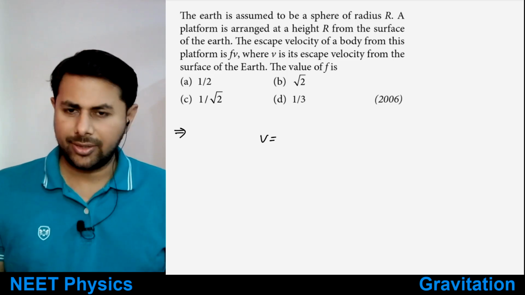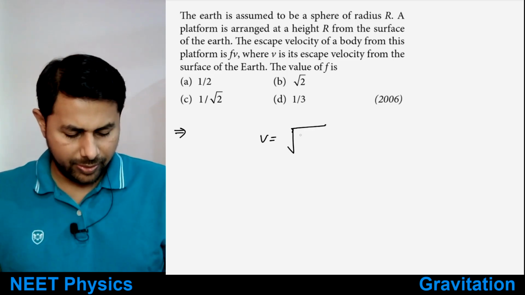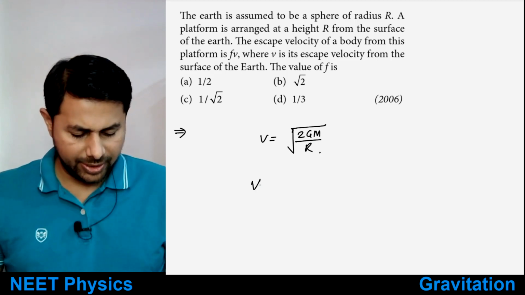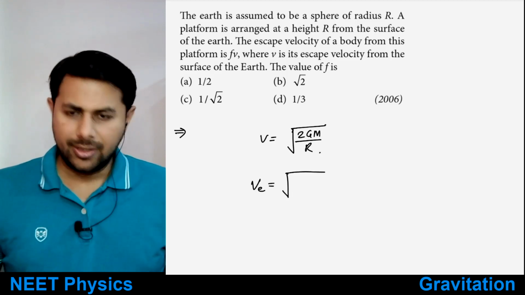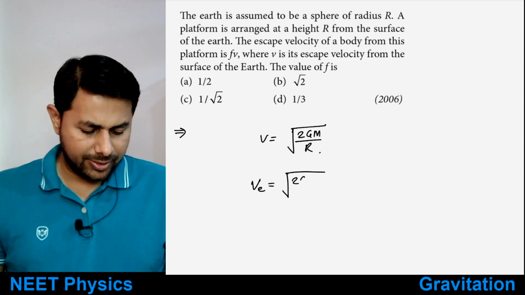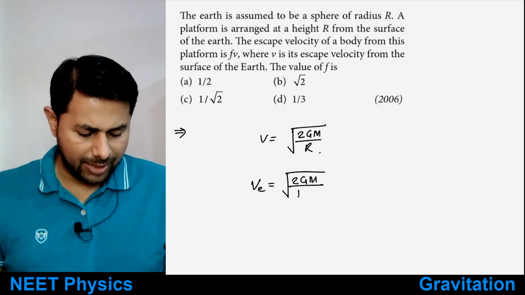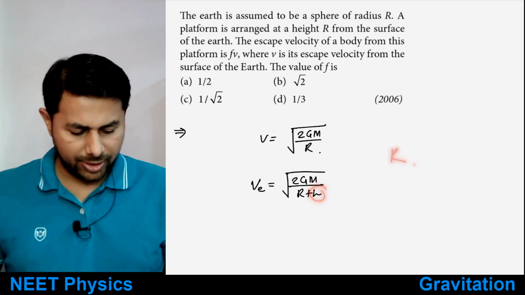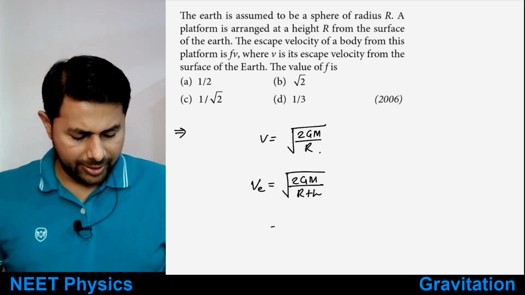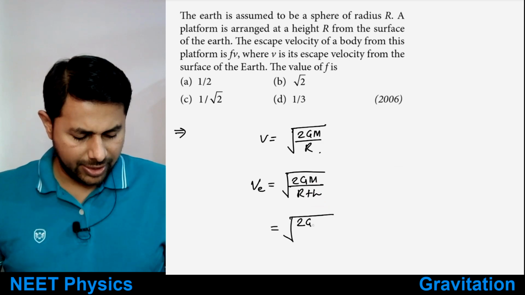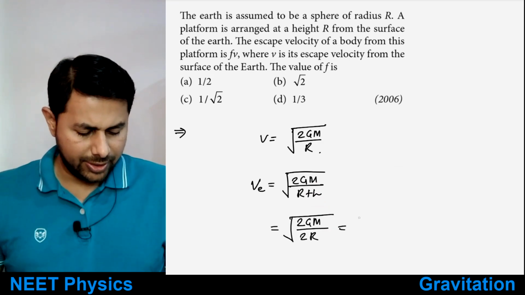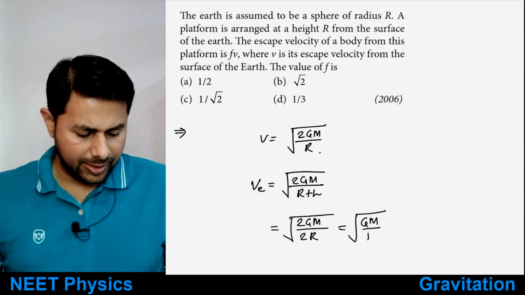So escape velocity on Earth's surface is square root of 2GM over R, and escape velocity at that height h is root 2GM divided by R plus h. So just put h is equal to R. So what do we get? We get root 2GM divided by R plus R, means 2R. So it is square root of GM over R. That's it.